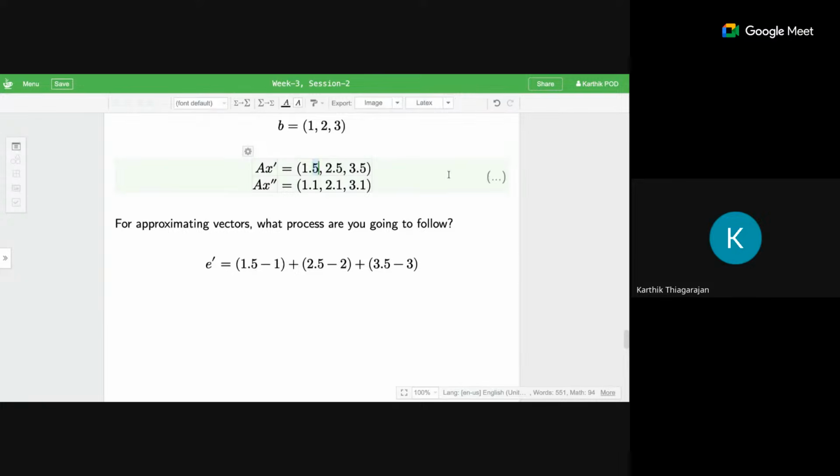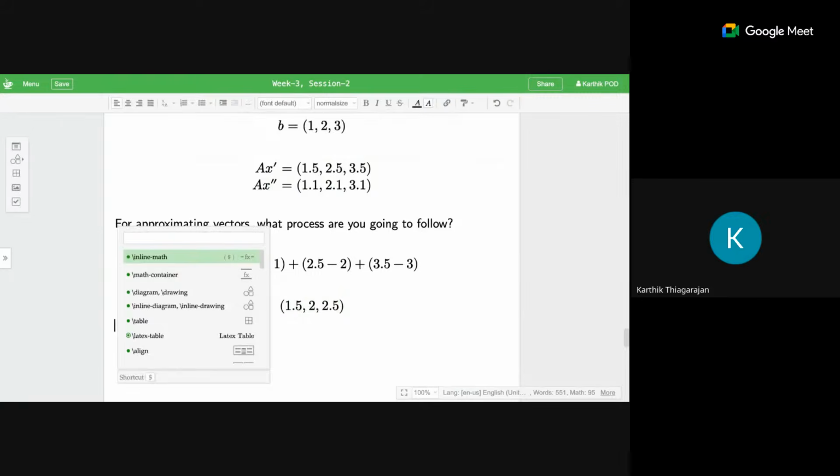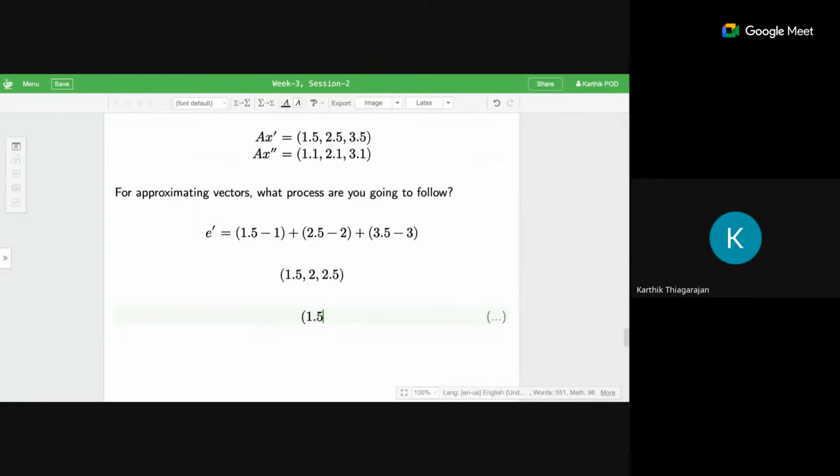So for example, instead of having 1.5, 2.5, 3.5, if your values were different, your error will be 1.5 minus 1 plus 2 minus 2 plus 2.5 minus 3.